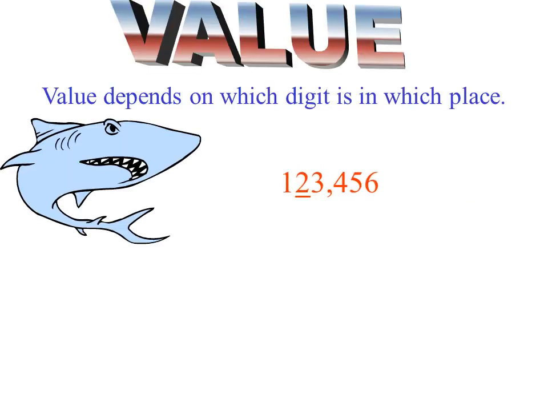Value. The value of any single digit depends on the place of the digit. Now we have a number 123,456.